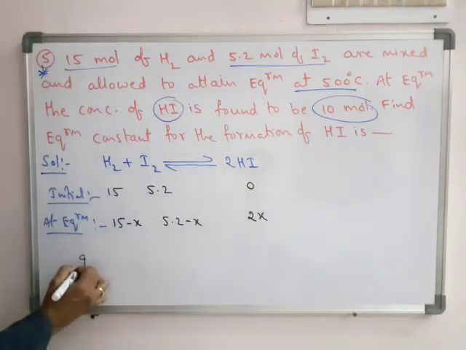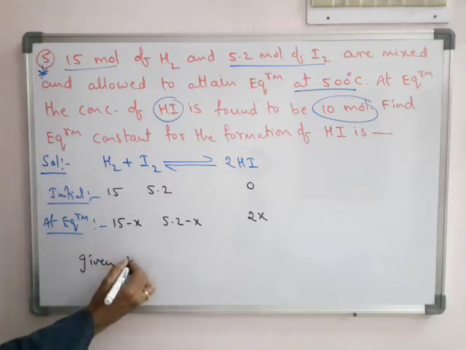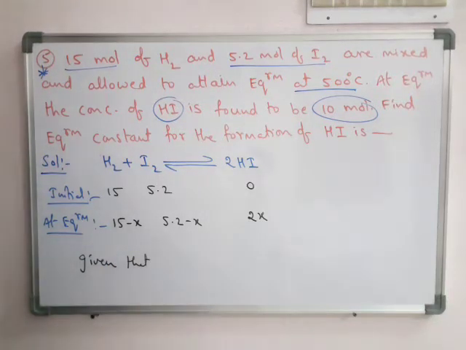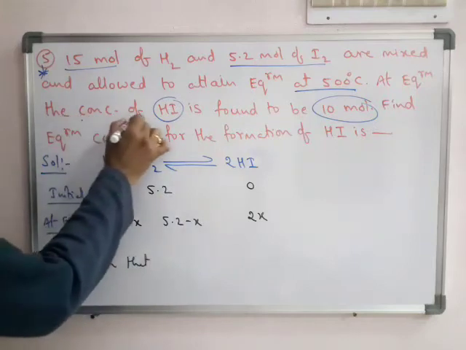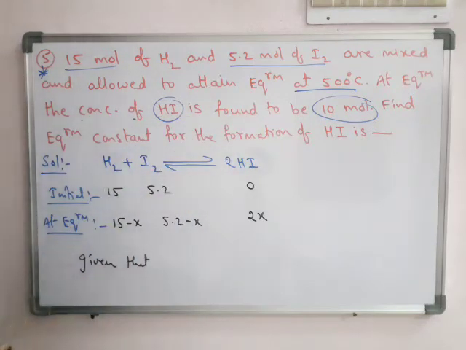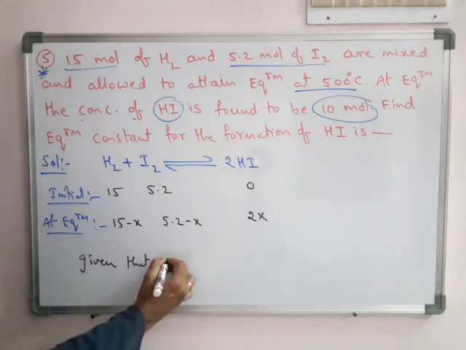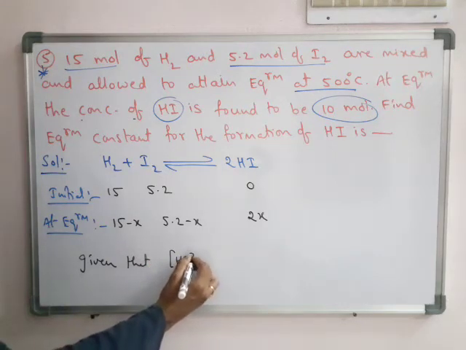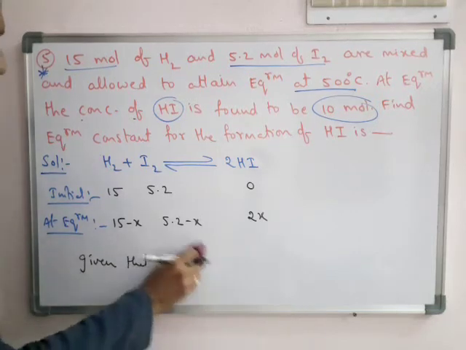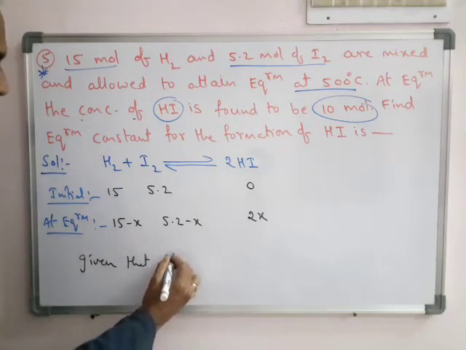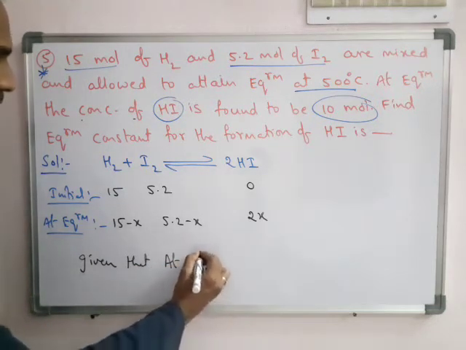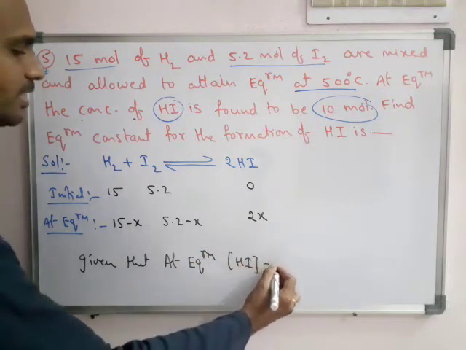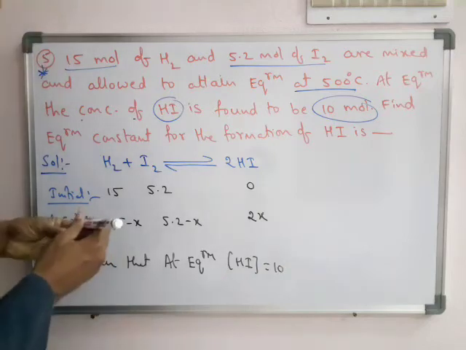So we can write, given that at equilibrium the concentration of HI is 10 moles. So at equilibrium the concentration of HI is given as 10.